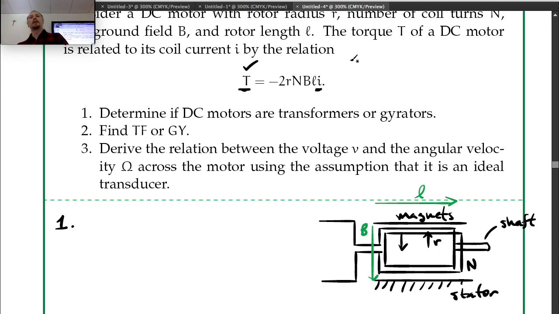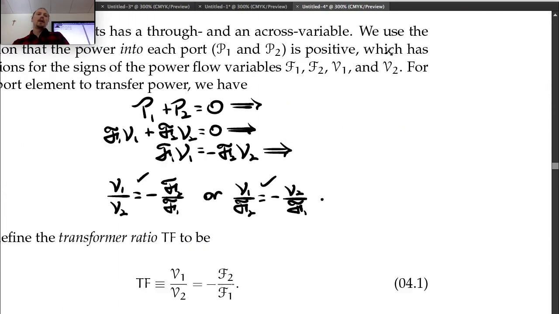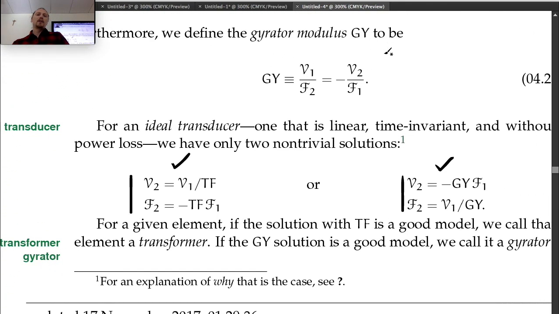Torque is a through variable, and is current across or through? Through. So they're both through, therefore we have an equation that relates the through variable on one side to the through variable on the other side.